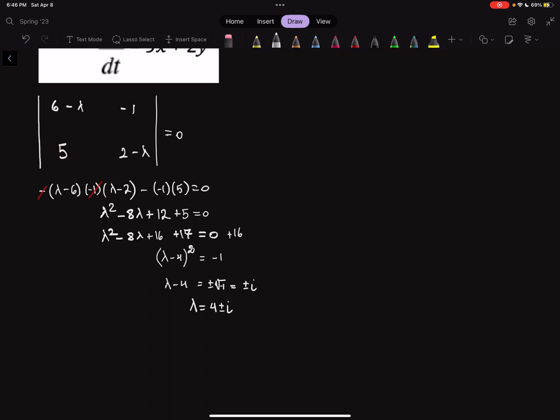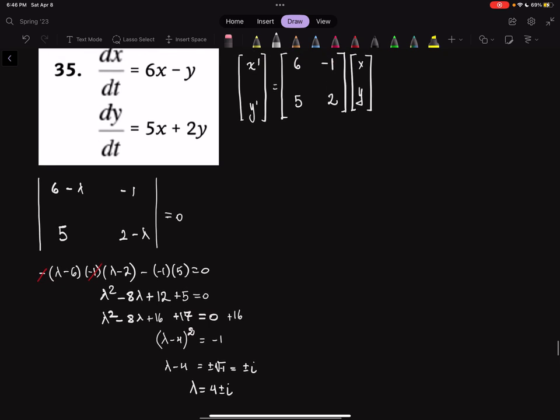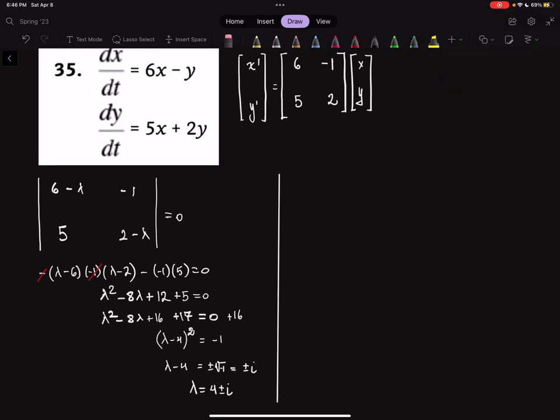Now, once you get to this point, really nothing changes. Yes, you have complex eigenvalues, but still, you can just plug them back into this equation. So why don't we do that? We're going to say lambda 1 is equal to 4 plus i.